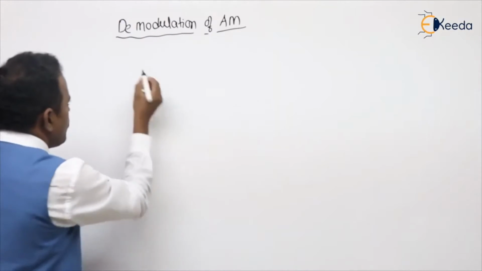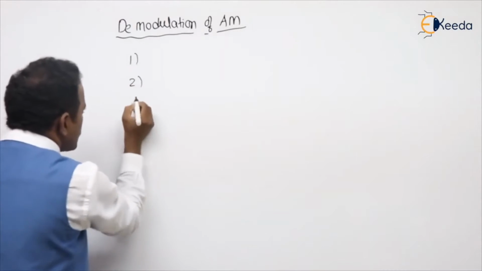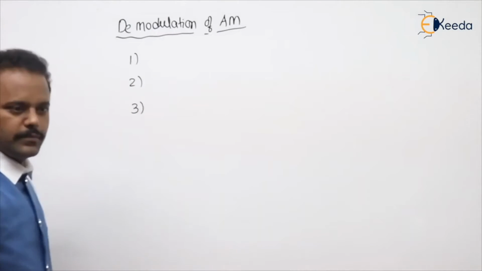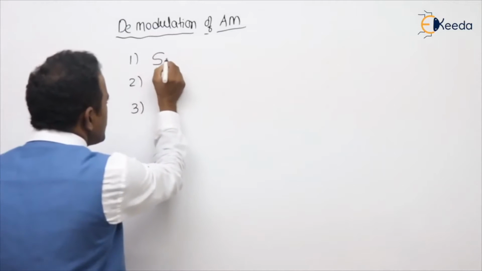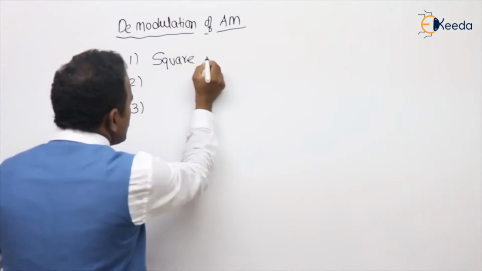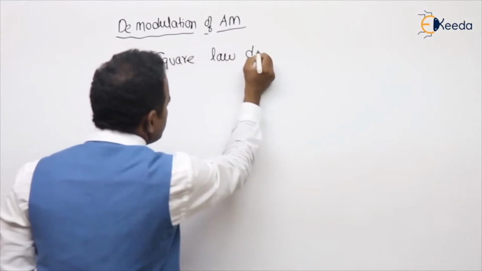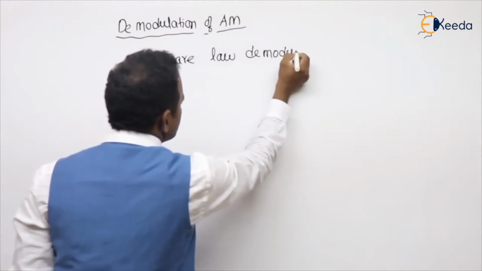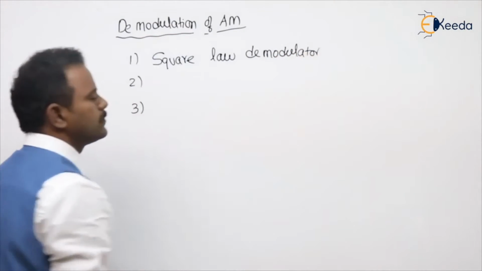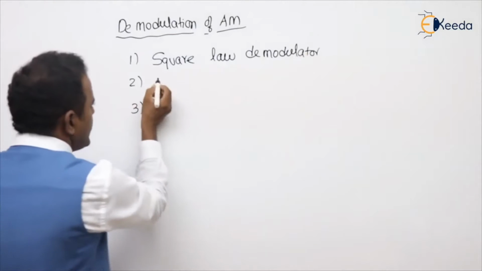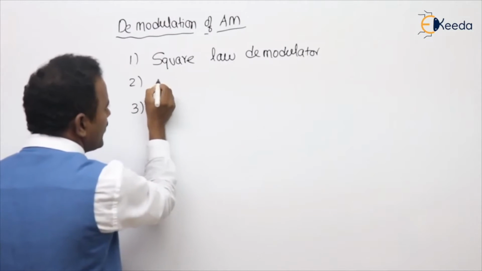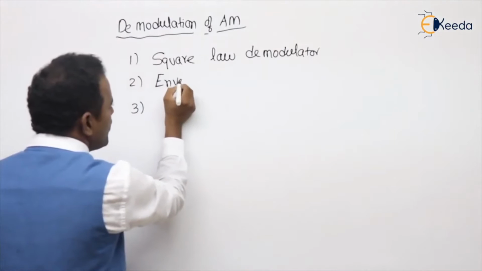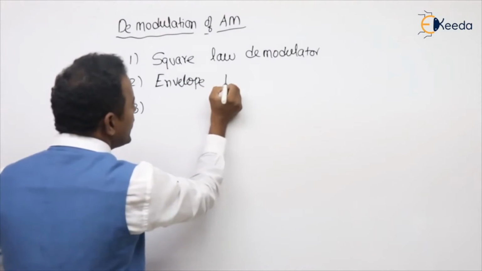For demodulation of AM, there are three types of circuits available. One is the square law demodulator. Second one is the envelope detection, the famous one.